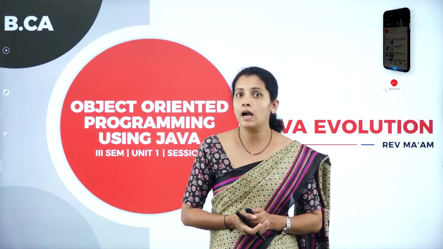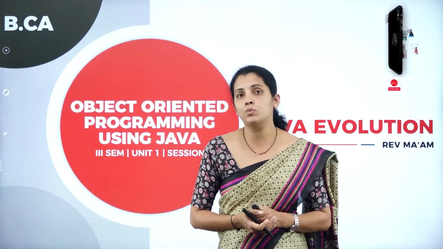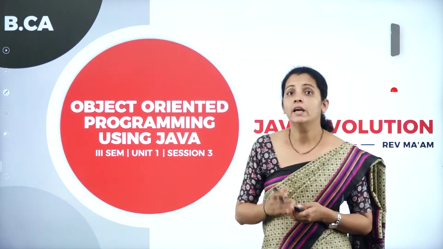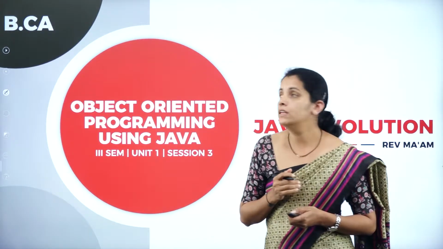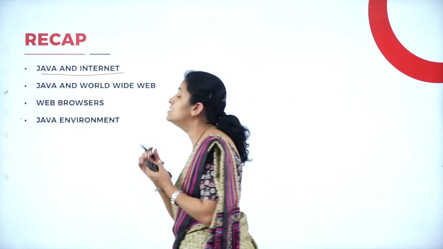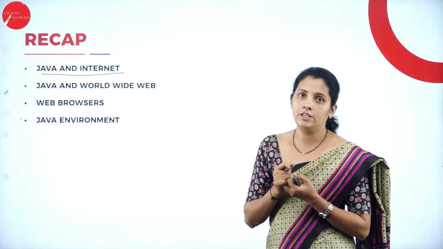Before going to start my today's session, let me recall what I had discussed in my previous session. In my previous session, we learned what is Java and how Java and internet are interlinked with each other.